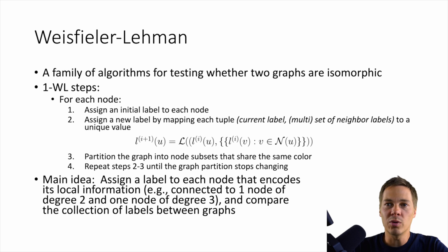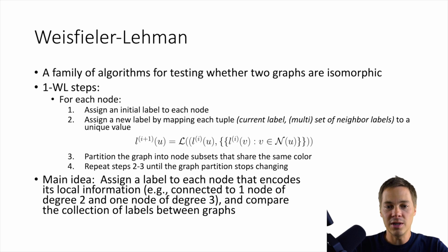So the first step is we're going to assign an initial label to each node. And then we're going to iteratively map new labels. The way that we do that is for each node, we construct a tuple. The first element of the tuple is the current label of the node. And the second element is a multiset of all of the neighbors' node labels.